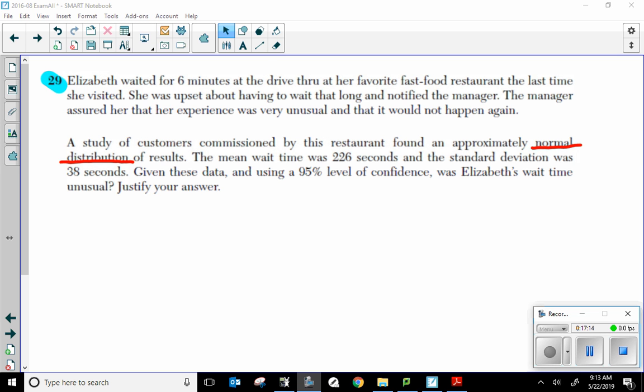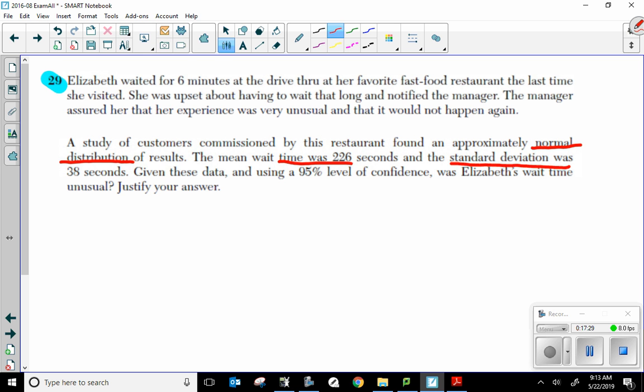The mean wait time was 226. The mean time was 226 seconds, and the standard deviation was 38 seconds, okay? Given these data, and using a 95% level of confidence, that is the moneymaker, 95%, okay?